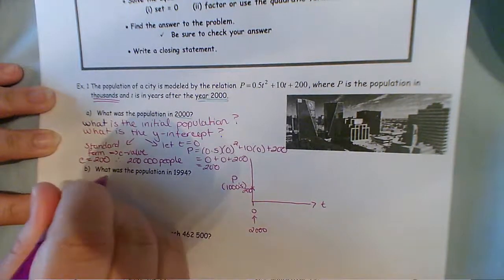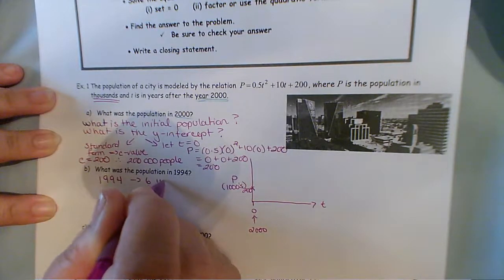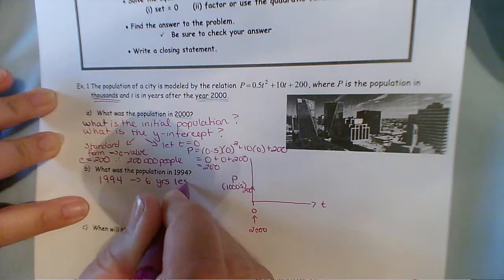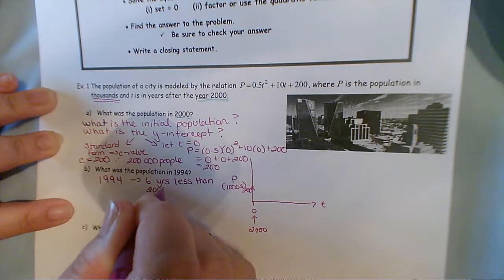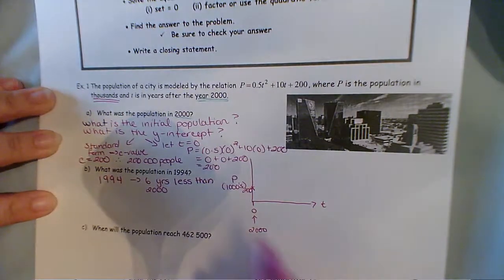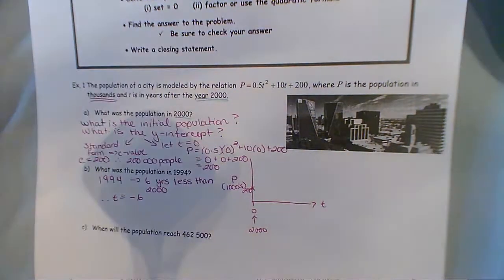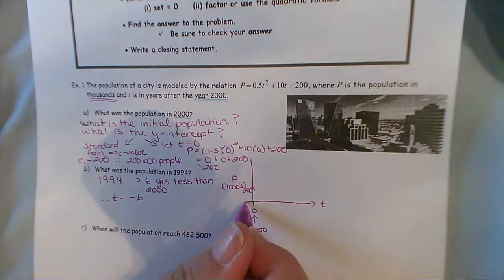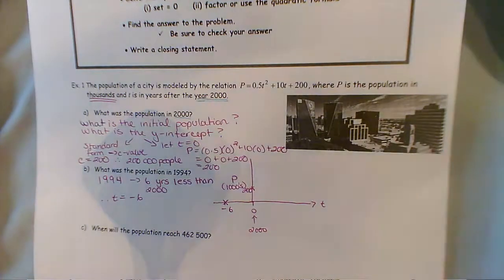That's our starting point. Okay, what was the population in 1994? Now, 1994 was 6 years less than 2000. So therefore, t equals -6. So we want the scale like over here. We're interested in this point.